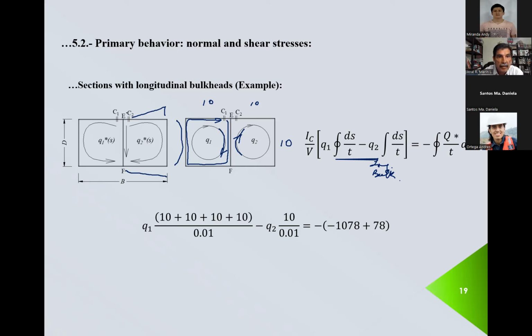Here also, you start at 0, and you start going like this, whatever. On the other side it is something like this. So this distribution is what I call Q1 star. This other distribution is Q2 star.